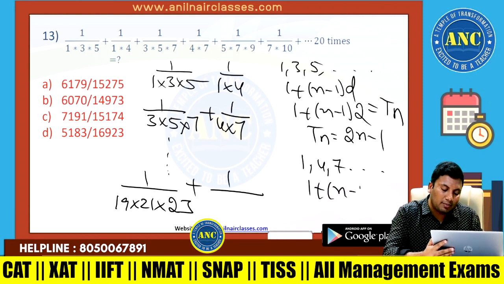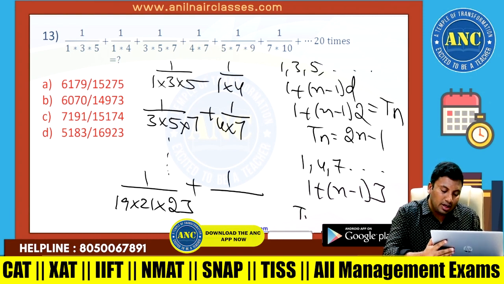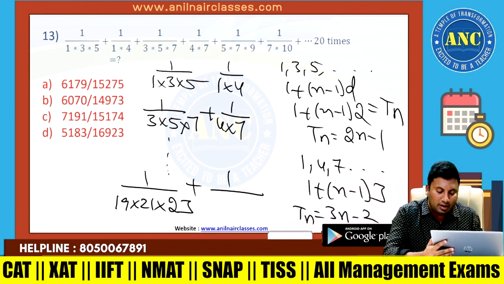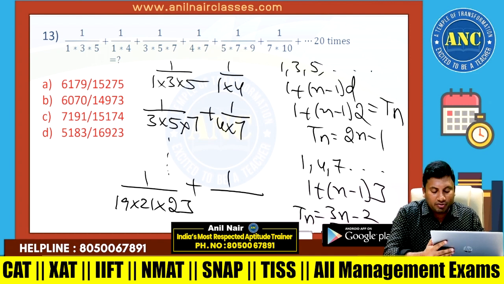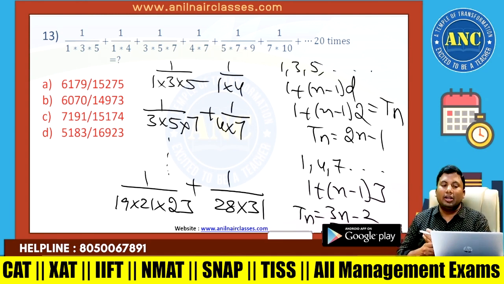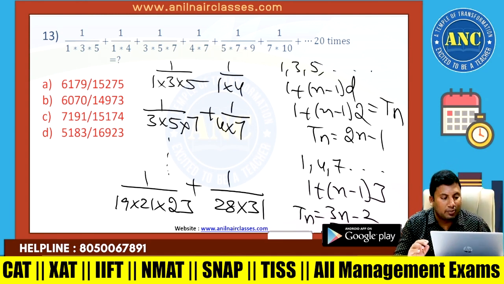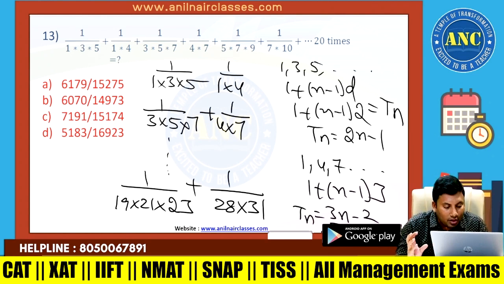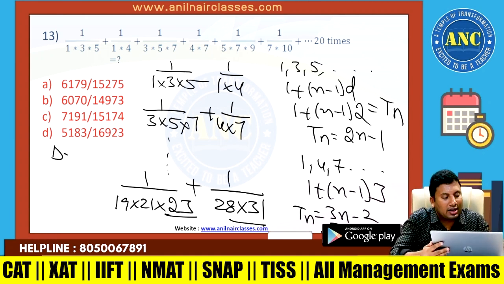a plus n minus 1 into d. Tn is nothing but 3n minus 2. So 10th term will be 30 minus 2, 28. 28 into 31. So for the answer, if you observe carefully, 3 numerical values are condensed to 2 numerical values. The answer denominator should be divisible by 23 and 31.